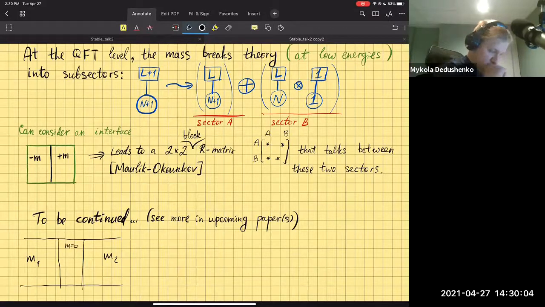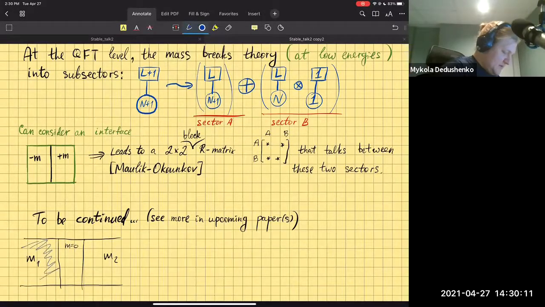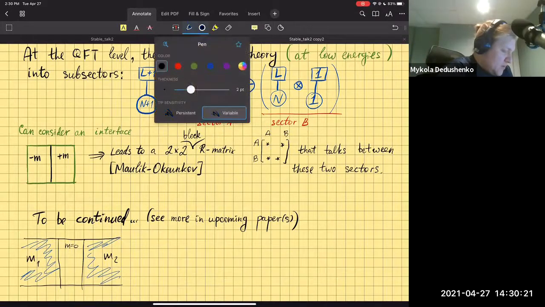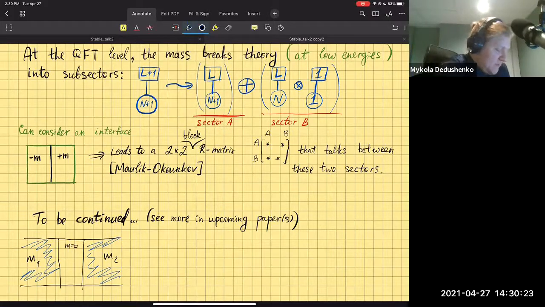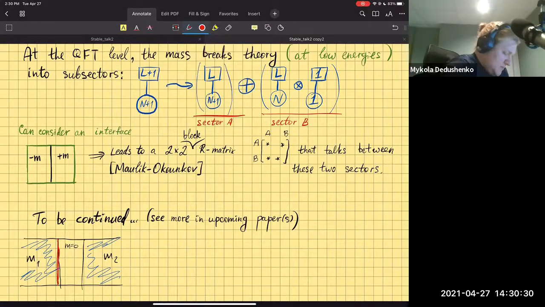Then at the places where the mass jumps from 0 to m1 or m2, the red interfaces, one can actually write down boundary conditions that are satisfied by your fields.